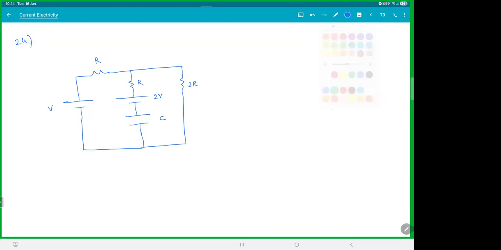Find charge on the capacitor in steady state. Steady state meaning infinity. It looks big and scary, but it is actually manageable. Give it a try.